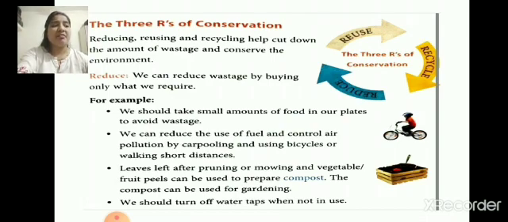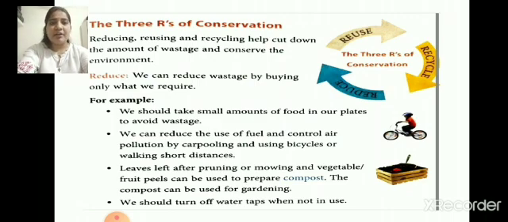Now what do you mean by reduce, and what are the examples of reduce? We can reduce wastage by buying only what we require, children. If we reduce all this, definitely we will conserve the environment.